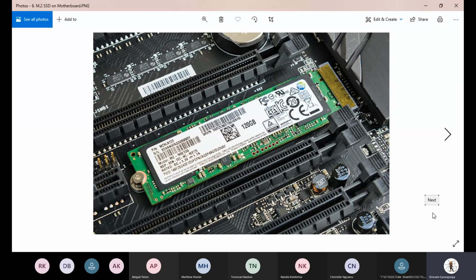You obviously have to have a dedicated port that allows you to plug in this particular M2 as far as your specific environments are concerned. All right.